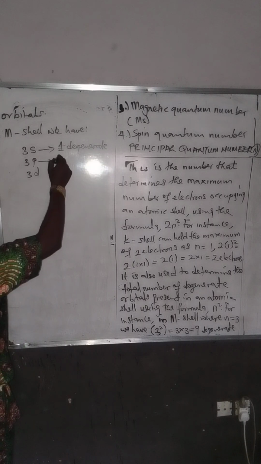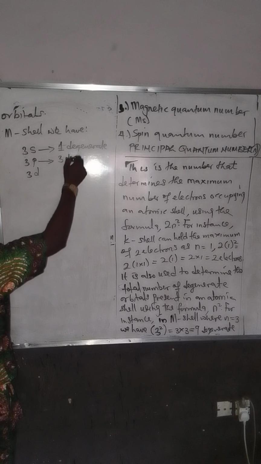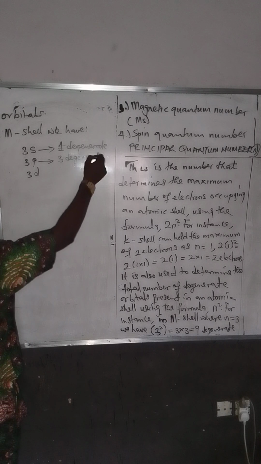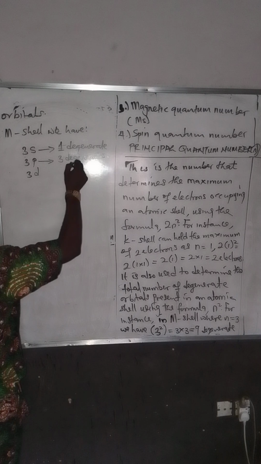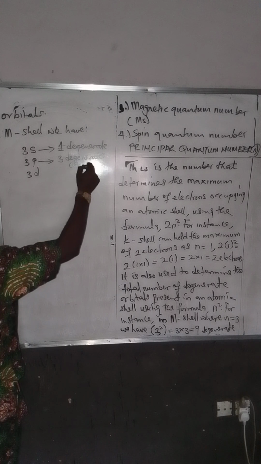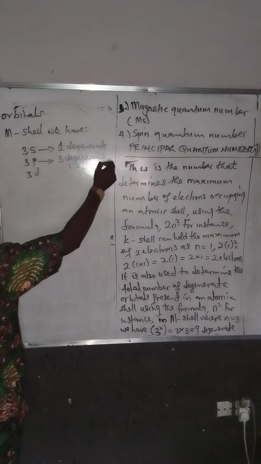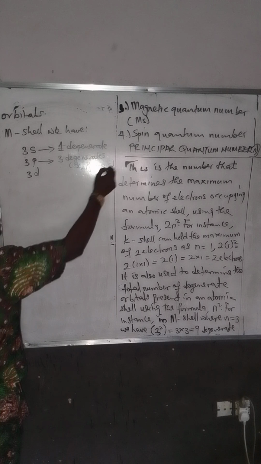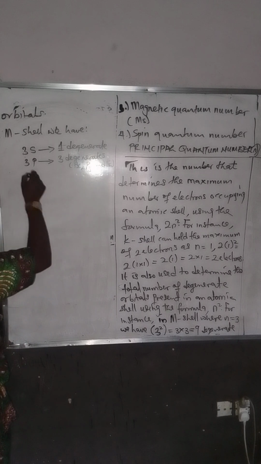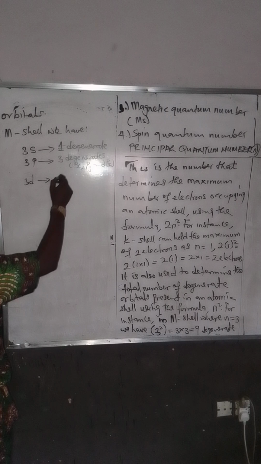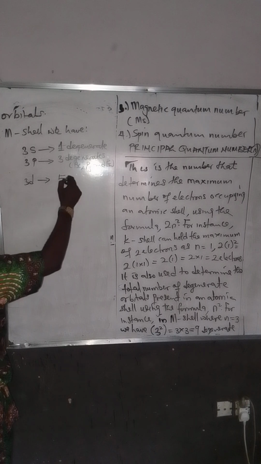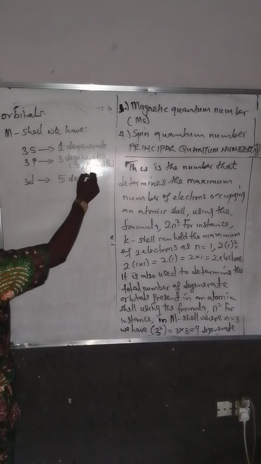The p has 3 degenerates. What are the 3 degenerates? That's px, py, and pz. So then 3d has how many? 5 degenerates.